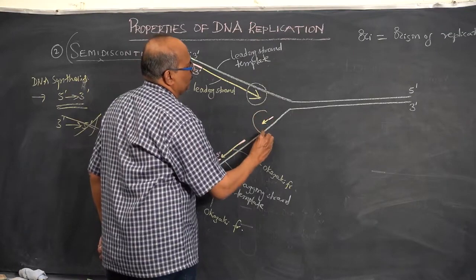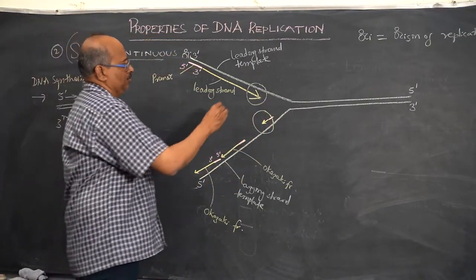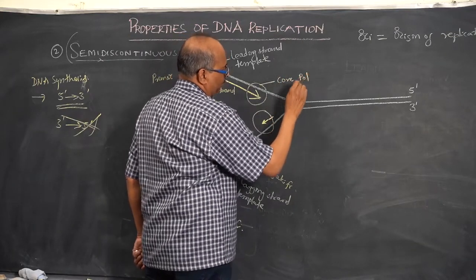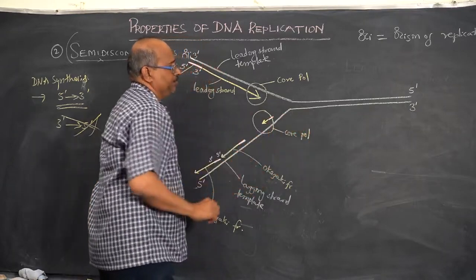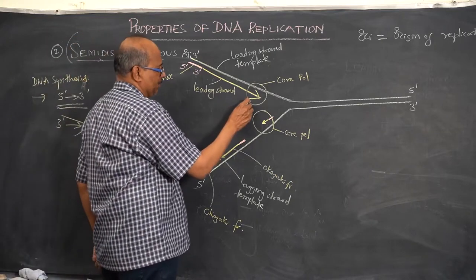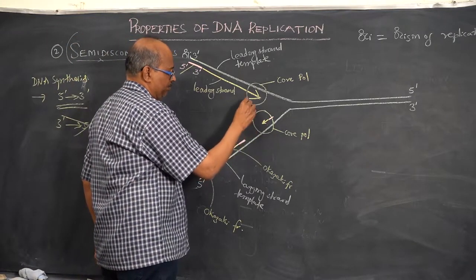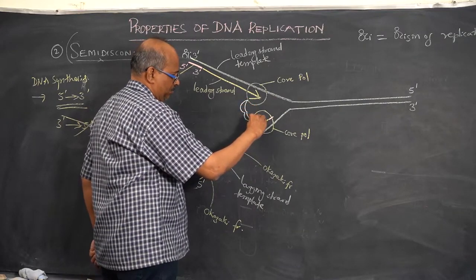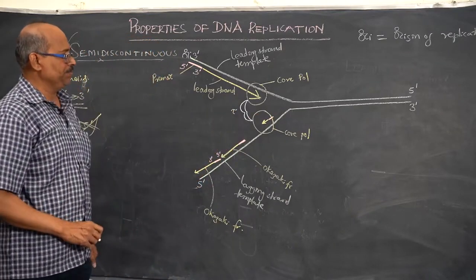So this is the polymerase. So core polymerase, and these two are joined by a dimerization unit. This we call it as the tau unit.